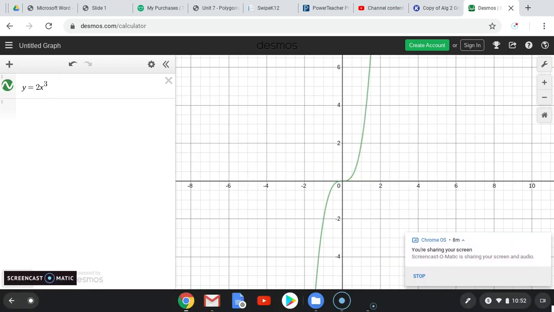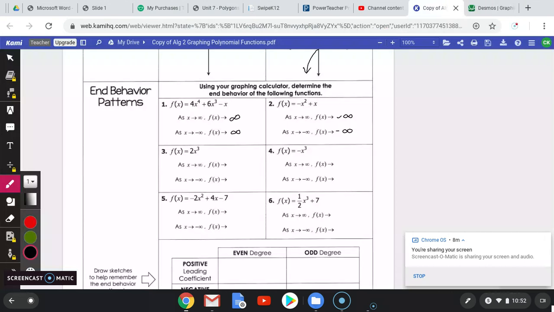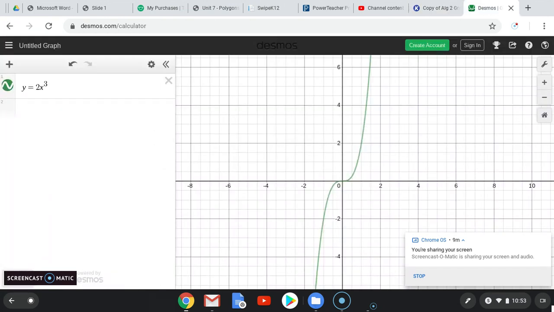It's kind of like what we did when we did the cubic function, the parent. The left side goes down and the right side goes up. So as I get further to the right, it keeps going up, but as I get further to the left, it keeps going down. Well, what happens again if I have an odd exponent, but the leading coefficient is negative?